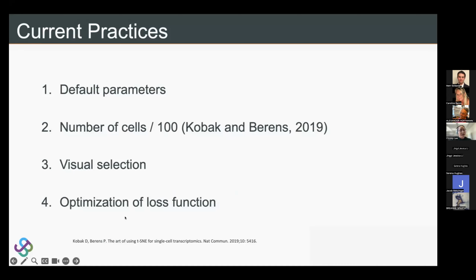The last option is optimization of some sort of loss function. And the goal here would be to try to categorize the cells and their embeddings to identify the distortions or to help optimize the hyperparameters. And there are some existing methods, which I will discuss later, but this is also what scDEED is going to try to do.